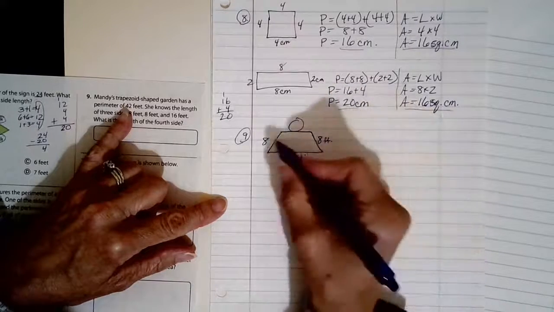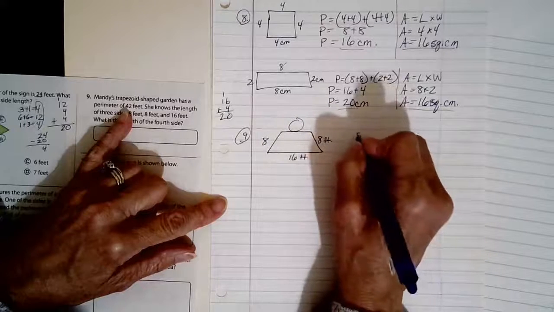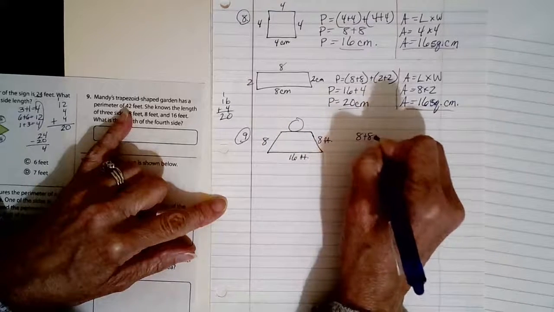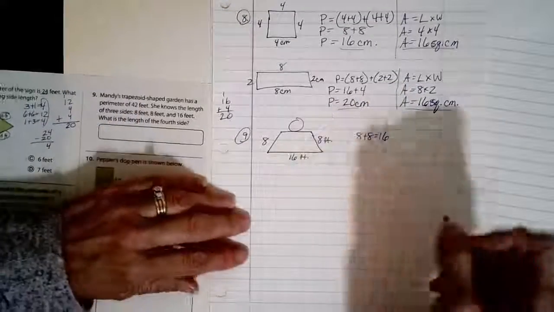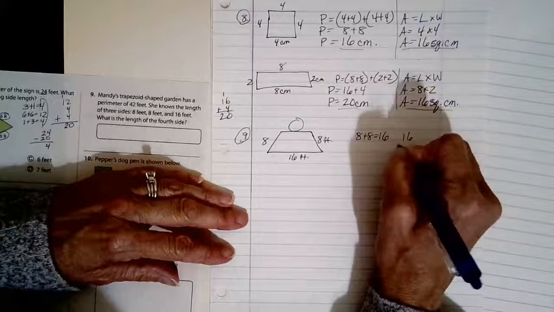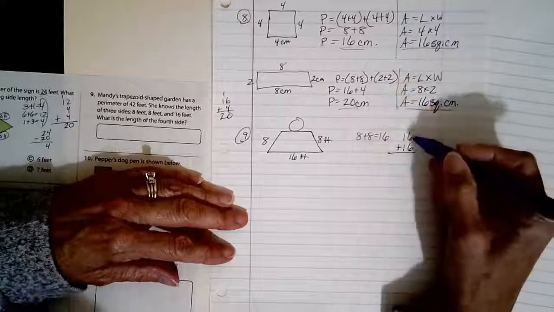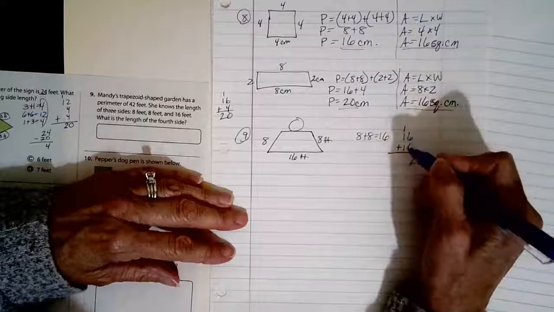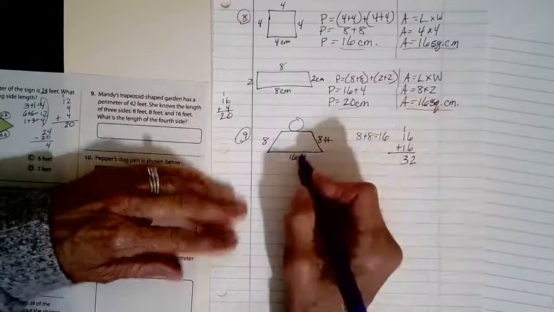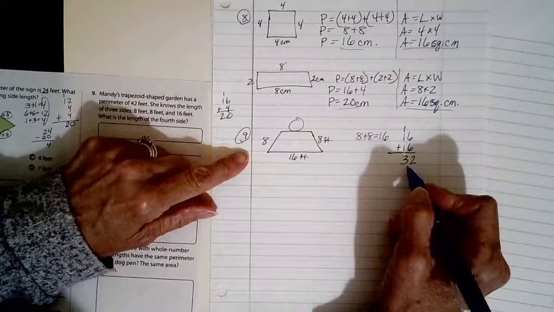So let's start with adding what we already know. We have 8 plus 8 equals 16. And then we have a 16 down at the bottom. So we would say 16 plus 16. 6 plus 6 is 12. 2 in the ones column, 1 in the tens. 1 plus 1 is 2, plus 1 is 3. So far we have 32 feet.